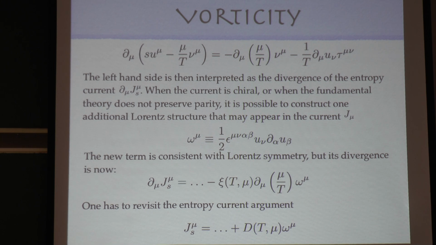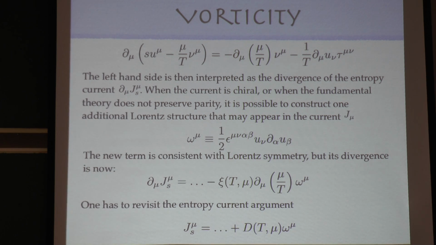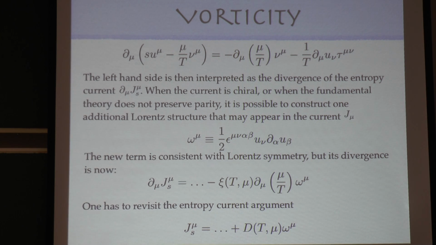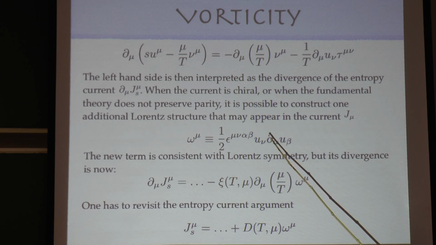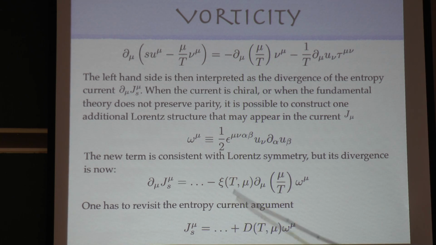That's why Landau said there are no terms like that in the entropy current. However, my argument is that it's quadratic in velocity, and you can kill the Landau argument. But basically, we need a positive definite entropy current, and adding terms like that, in principle, could violate that.